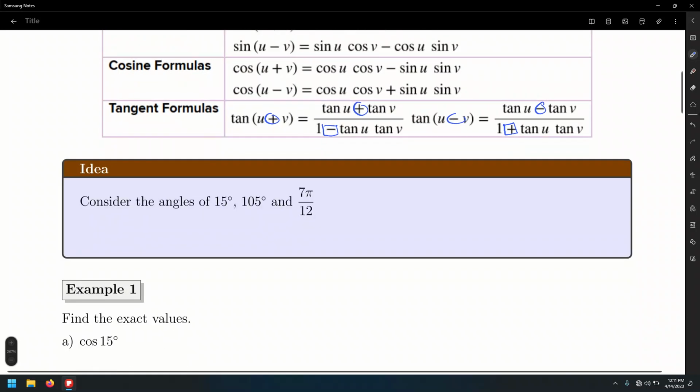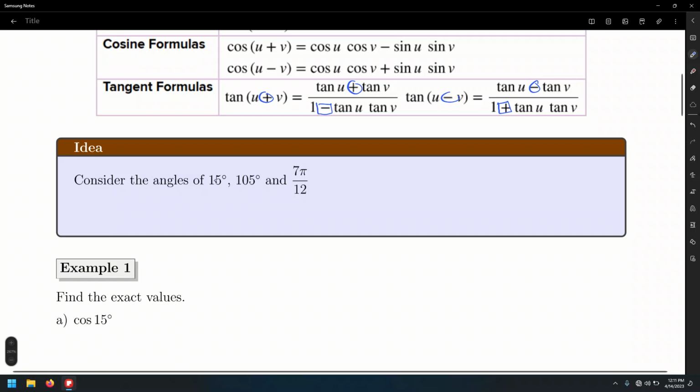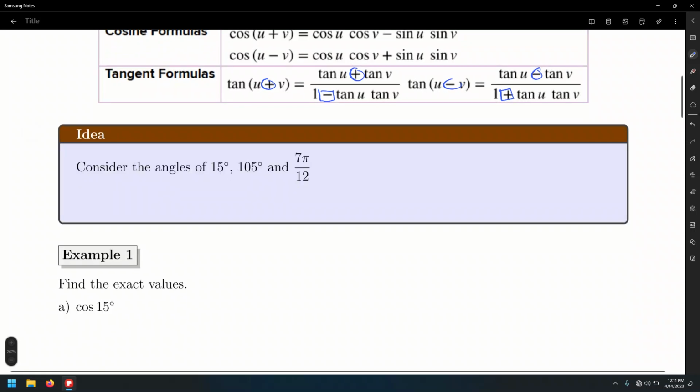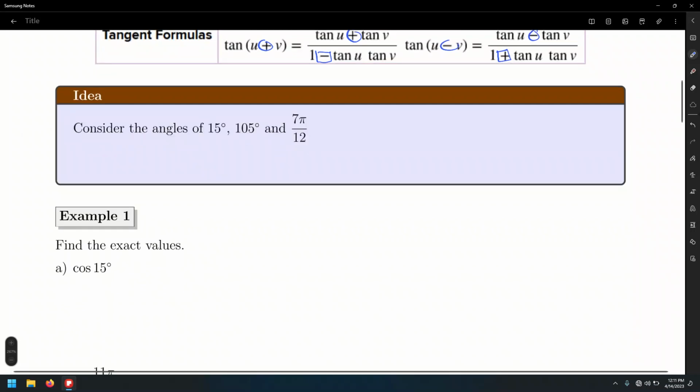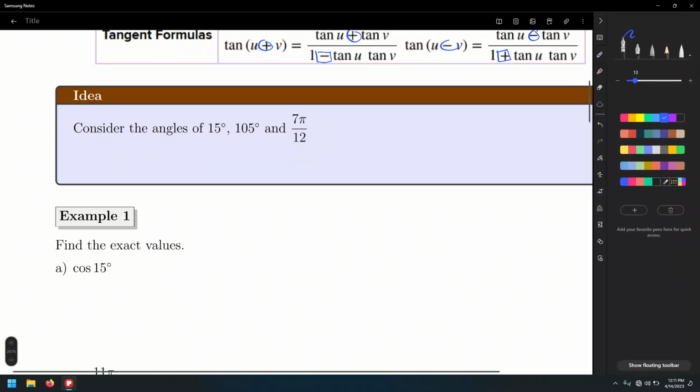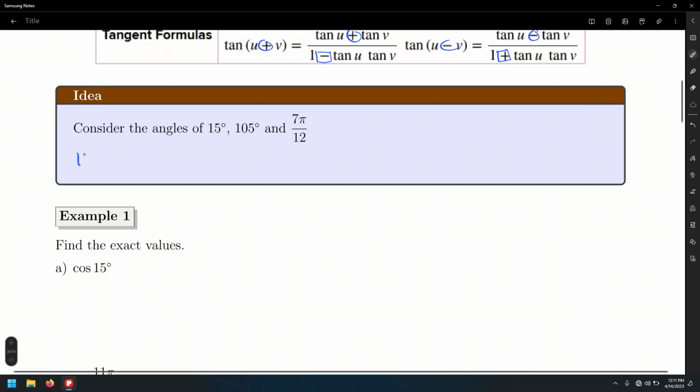Let's do a little bit of prep before getting into finding the exact value. The idea is to write angles that are not usually in the unit circle as sums or differences of known or special angles. For example, 15 degrees. We can write it as a sum or a difference of angles. Check this out: 15 degrees equals 10 plus 5.